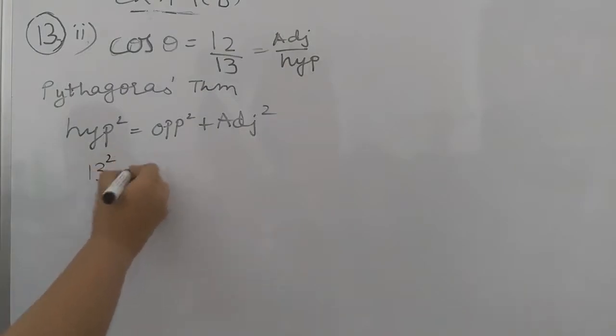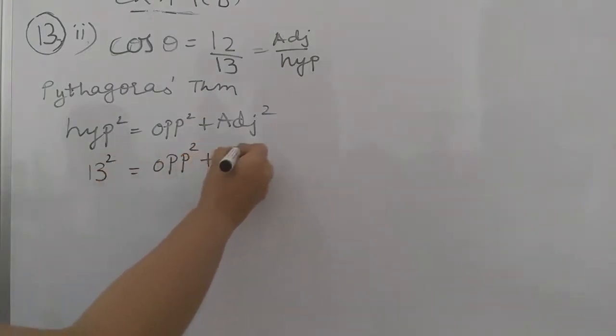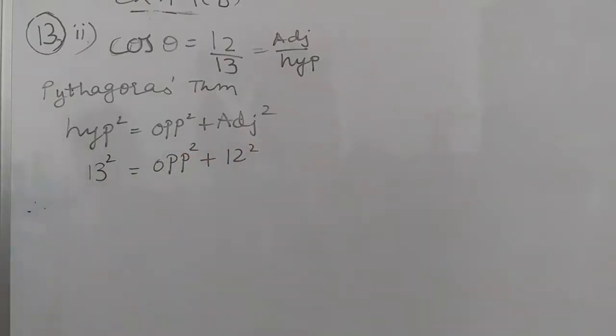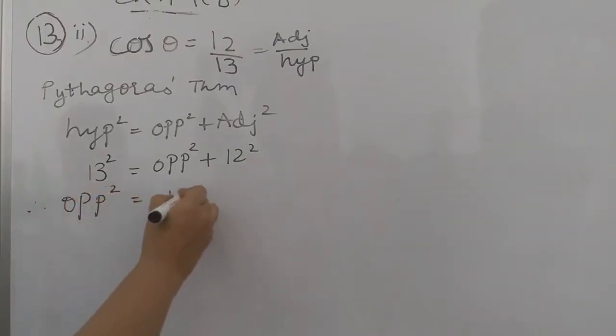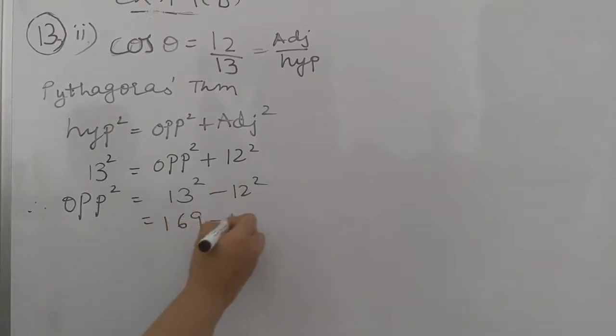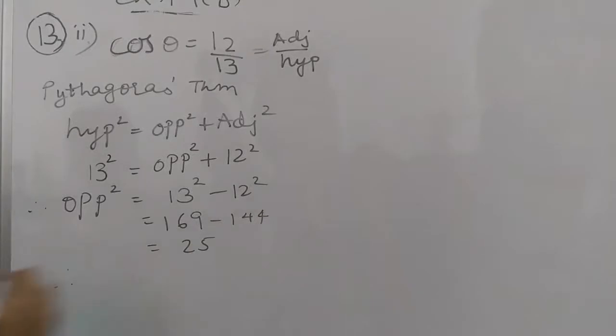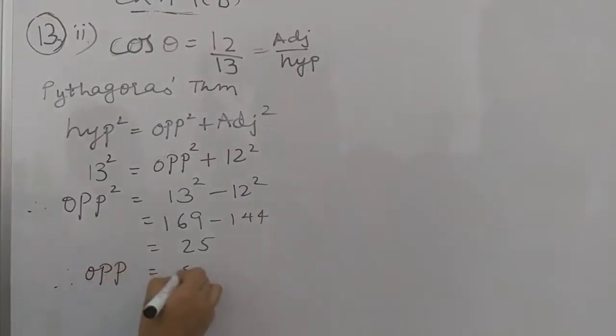So here I write 13 square is equal to opposite square plus this 12 square. So in the next step, I am taking opposite side square as the subject. So 13 square minus 12 square. This is 169 minus 144, that is 25. So my value of the opposite side is equal to 5, by taking square root on both the sides.